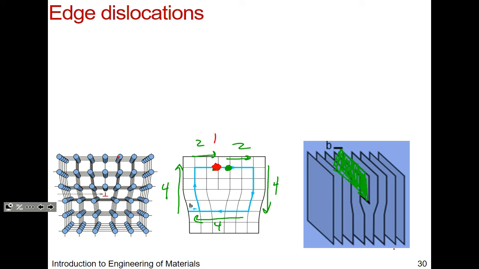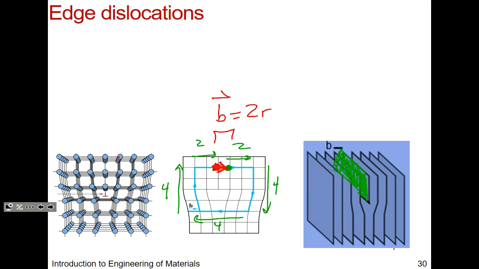So there's a gap right here. And that's your Burger's vector. This. That is your Burger's vector.